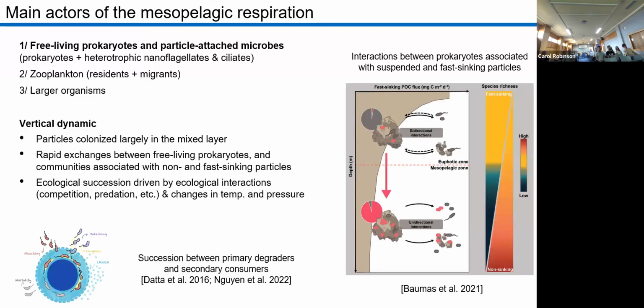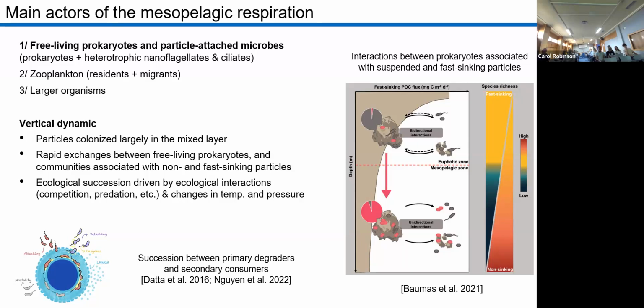So what do we know about the dynamics and microbial community structure in the mesopelagic? First, I would like to say that our understanding has been greatly improved recently thanks to new sequencing technology and metagenomic analysis.